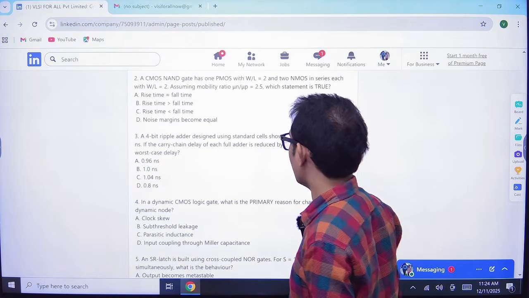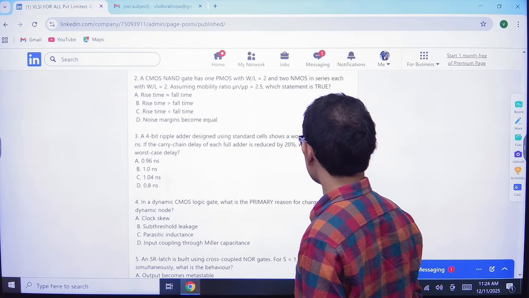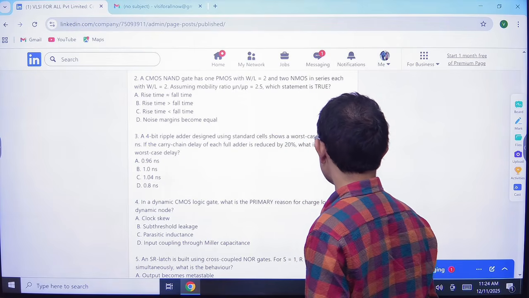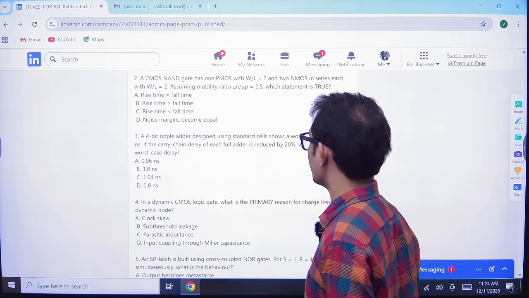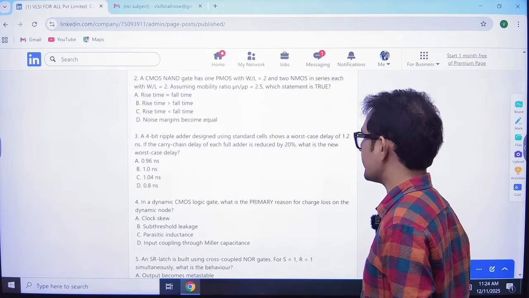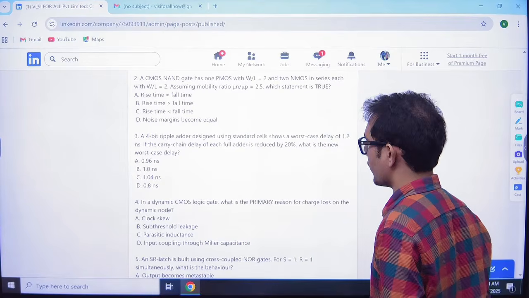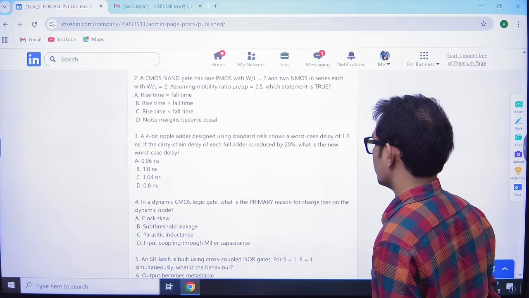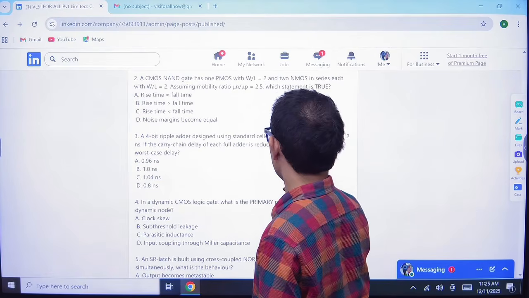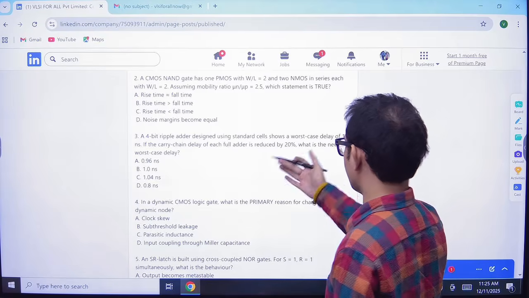Going to the next. A 4-bit ripple adder designed using standard cells shows a worst case delay of 1.5 nanoseconds. If the carry chain delay of each full adder is reduced by 20%, what is the new worst case delay? Here we are reducing the carry chain delay of each full adder by 20%.